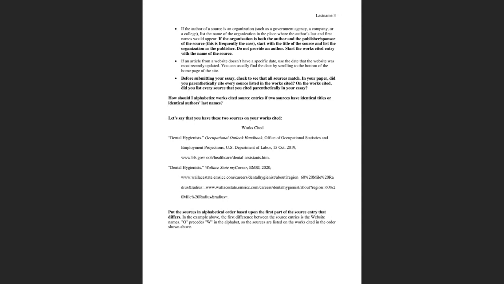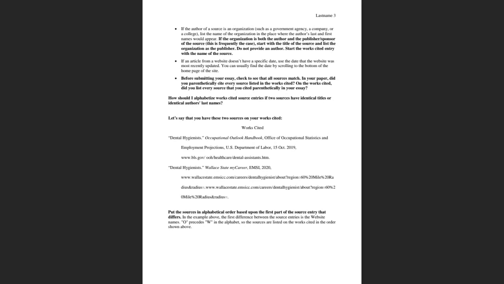The sources are put in alphabetical order based on the first part of the source entry that differs. So this is identical to this, and they both have a space next. And then hygienists is identical as well, and they both have the same period and quotation marks, and then they both have a space.